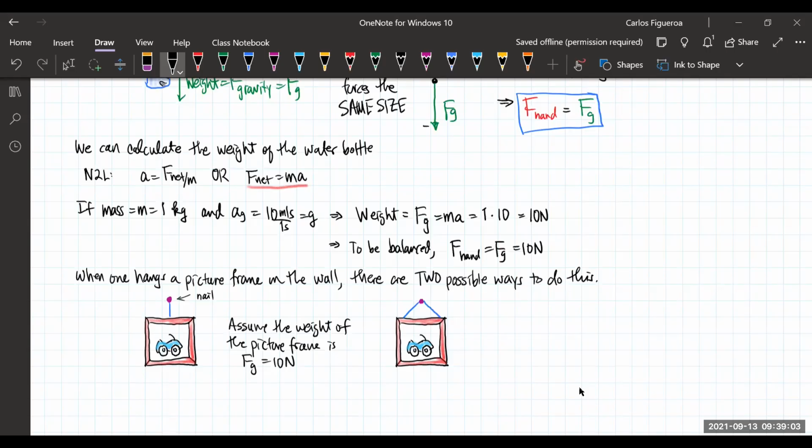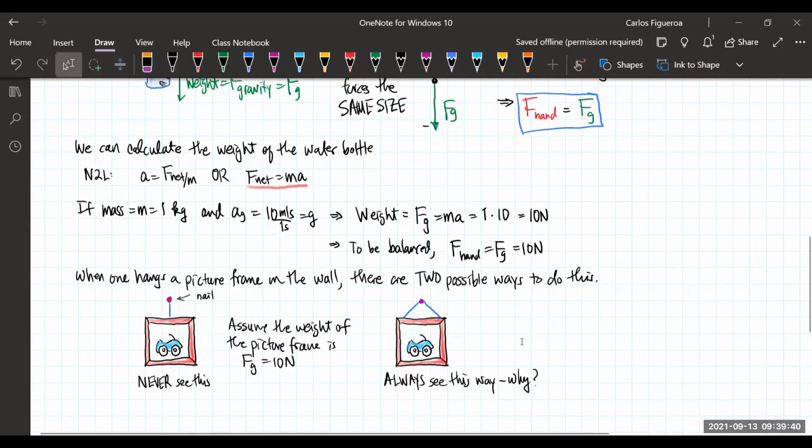The question is this: you never see this, and you always see this way of hanging a picture. So the question is, why? I mean, the one on the left, you could totally do that. That would work just fine. But the one on the right is the most common way.